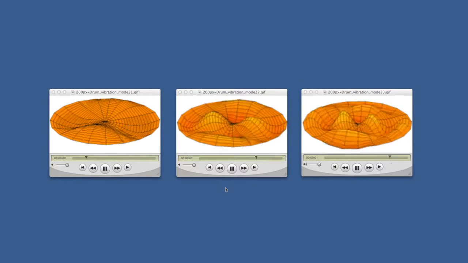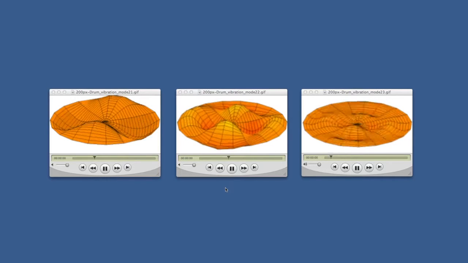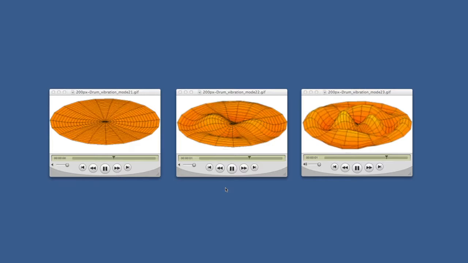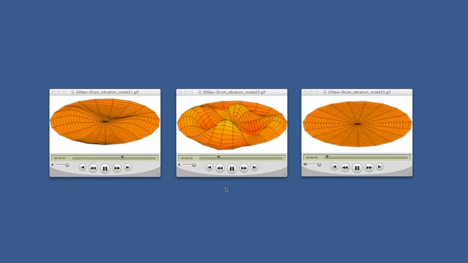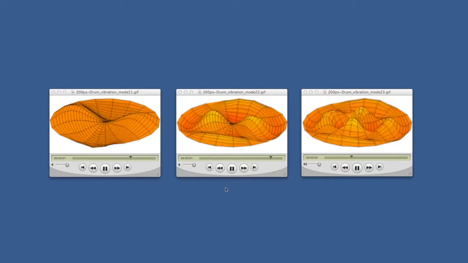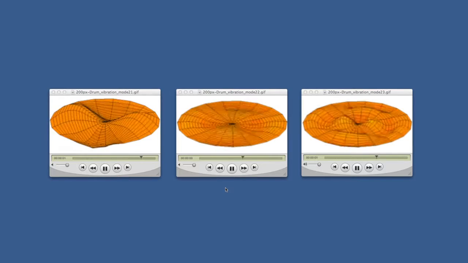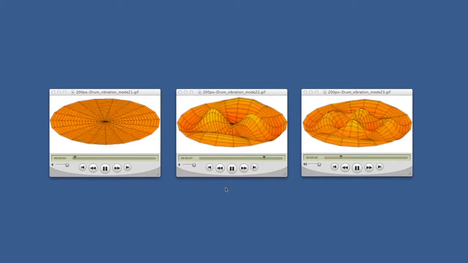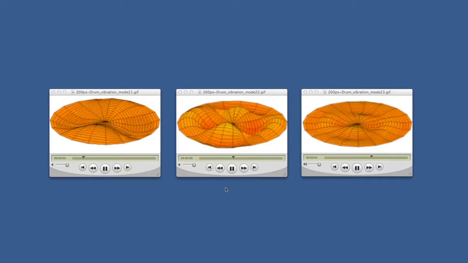Of course, the drum vibration frequencies and shapes depend on the shape of the drum. So if you think about a drum shape which is not circular but elliptical or some other shape, then that also naturally reflects in the frequency and mode shape of vibration. And so you can think about that.